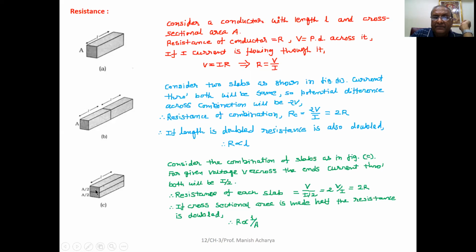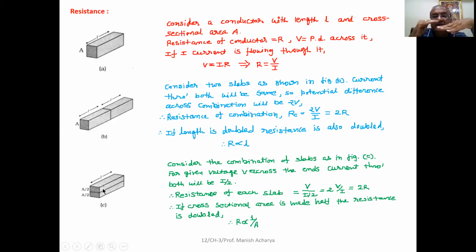So the resistance of each slab: the potential difference applied is V volt, and the current through each slab is I by 2. So that is 2V by I, but V by I is R, so 2R. For each slab, the resistance becomes 2R. The length of the conductor is the same, L, but the cross-sectional area becomes half.